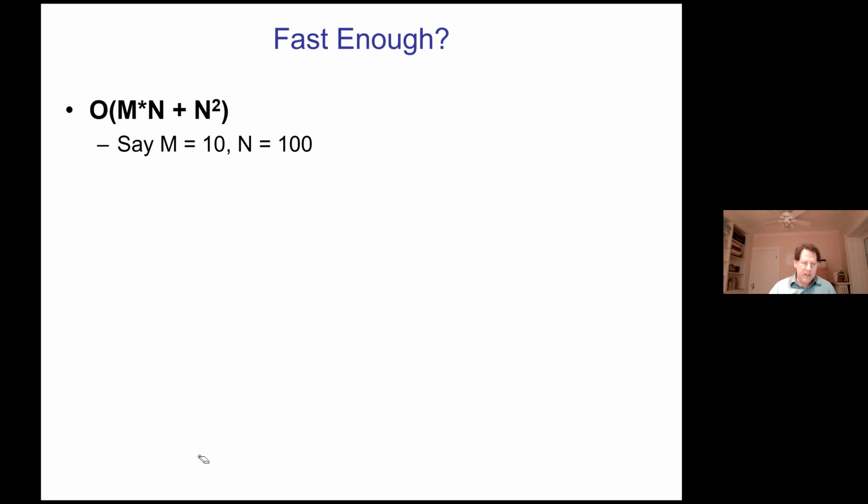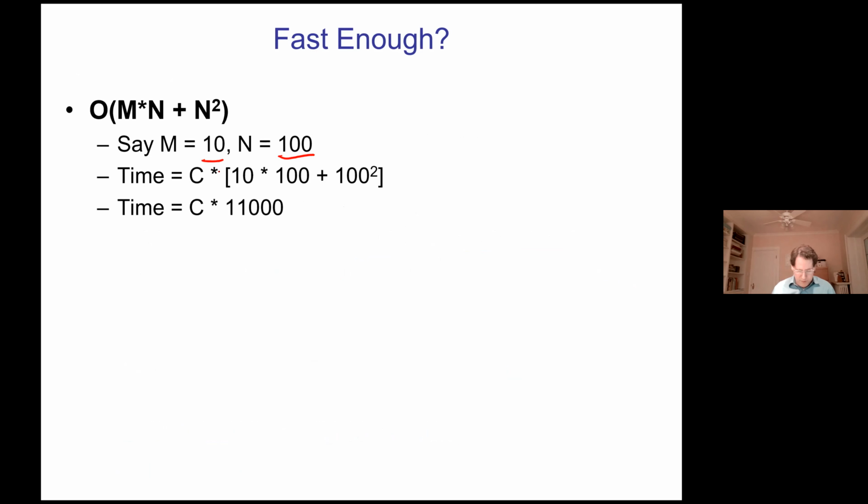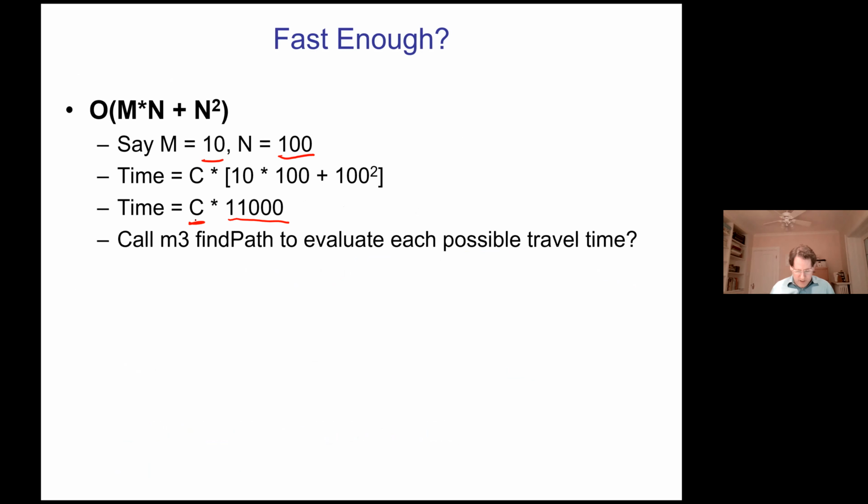I told you that we're going to give you problems about 100 deliveries and 10 depots. So if I plug in those numbers, it's going to be about 11,000 times however long it takes me to evaluate these travel times when I'm making decisions on what to do next. Let's say I'm going to call find path to evaluate every one of the travel times.